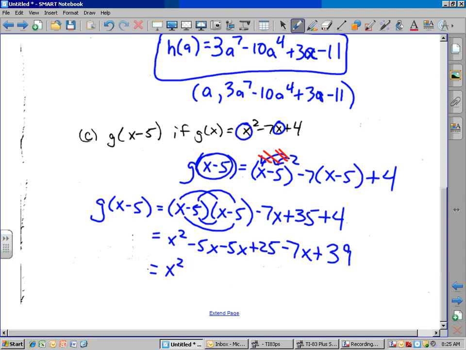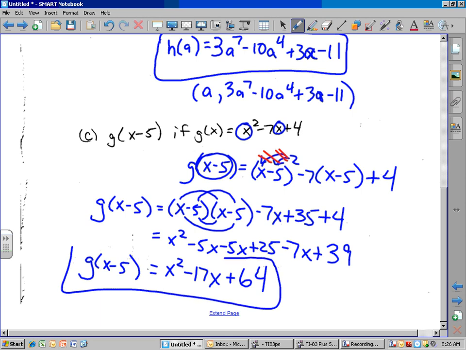Minus 17x plus 64. So that is what g of x minus 5 is equal to. Any questions?